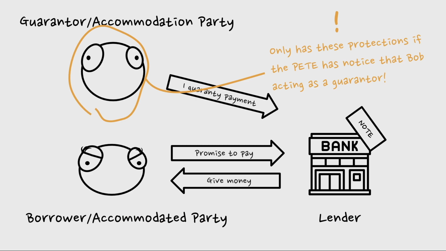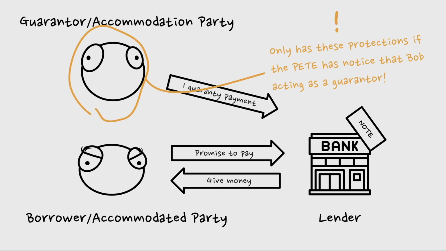And so keep in mind, here's the other thing that's so important to understand, is that this accommodation party, Bob, is only ever going to be able to get these protections of being able to raise the defenses of the accommodated party, and these protections of being discharged if there is an increase in risk to him, only if the person entitled to enforce the instrument has notice that Bob is acting as a guarantor.